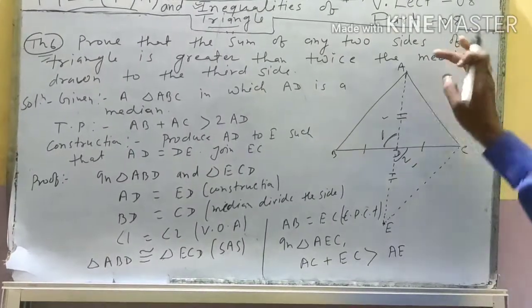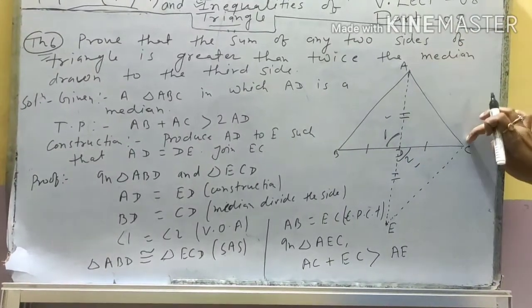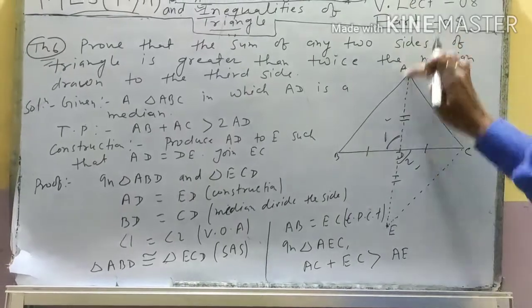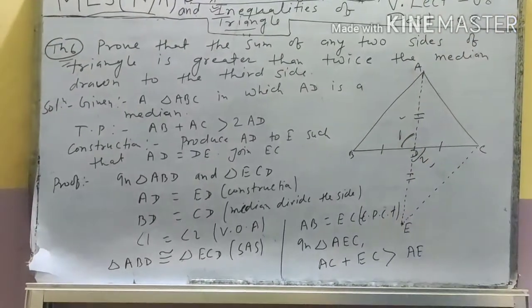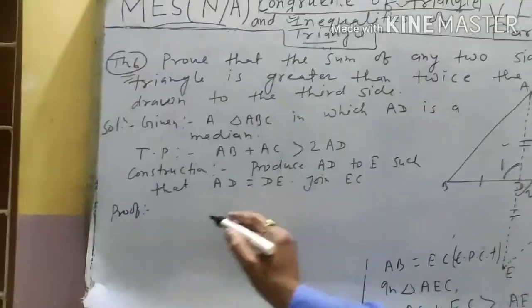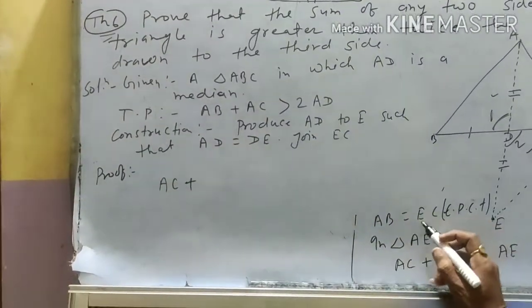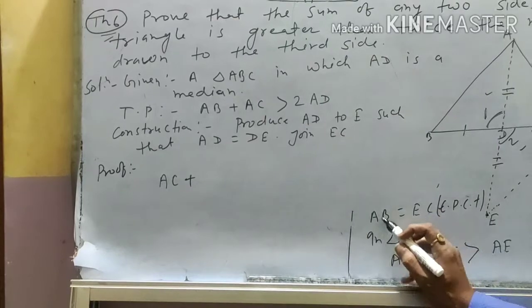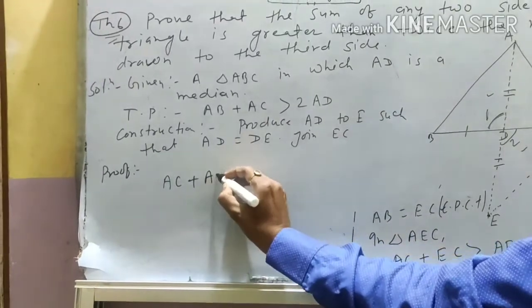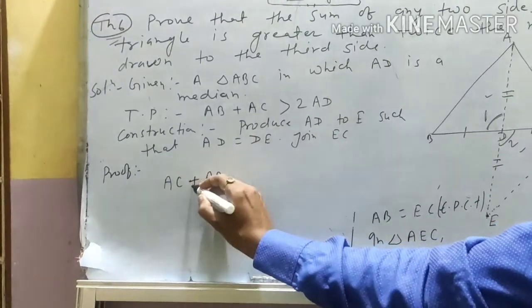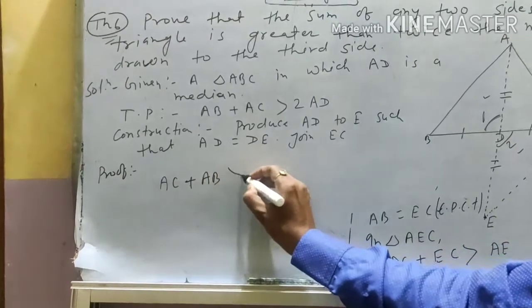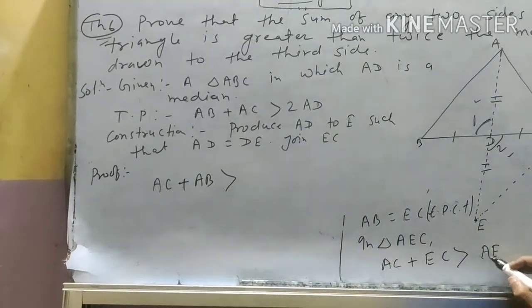So write down AC plus EC is greater than AE. By CPCT, EC is equal to AB, so AC plus AB is greater than AE.